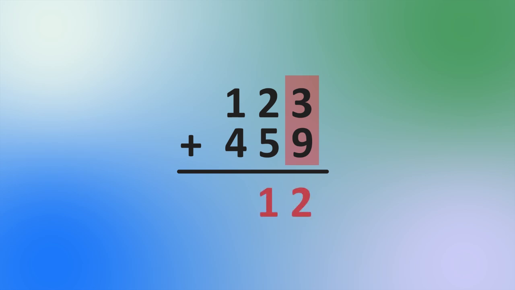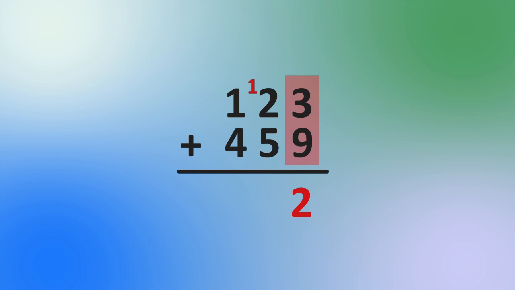Can we write 12 together? Correct. We can't do that. We have to split 12 into 1 ten and 2 ones. So now we have to put 1 on the top of the tens column and put 2 below the line.